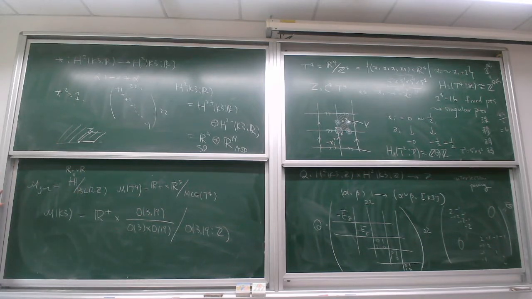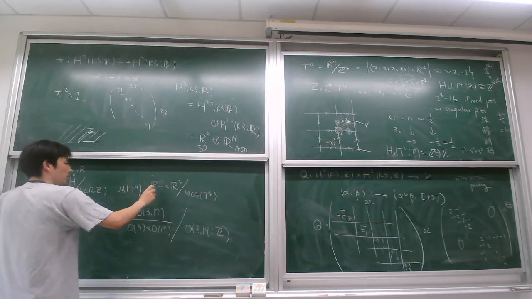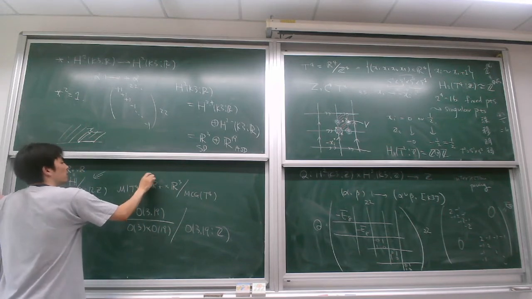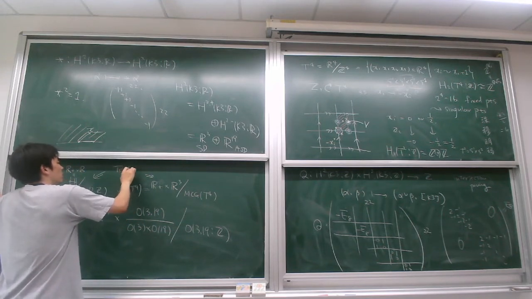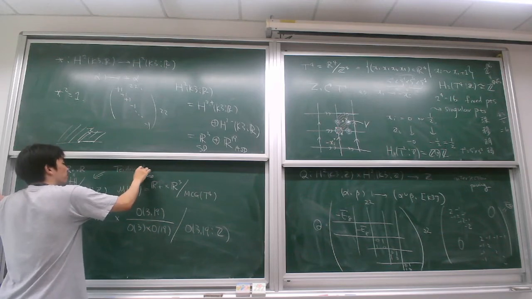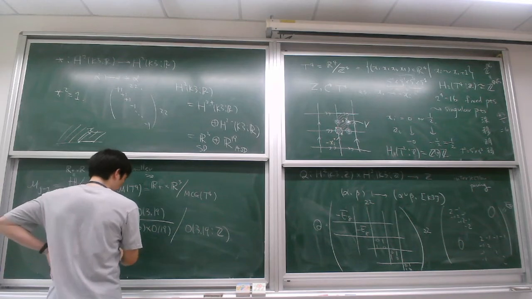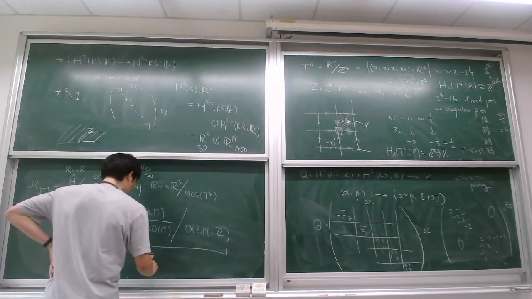Okay, so that's the modular space, and this is the Teichmüller space. Here you have the modular space of the K3, and this is the Teichmüller space.